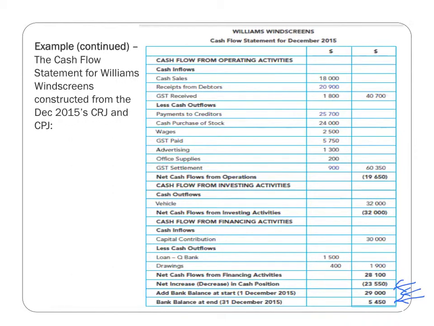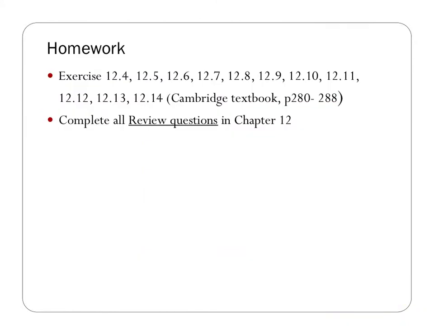Expect to see a question similar to this. You should be able to read off the cash receipts journal and cash payments journal and construct a cash flow statement from there.